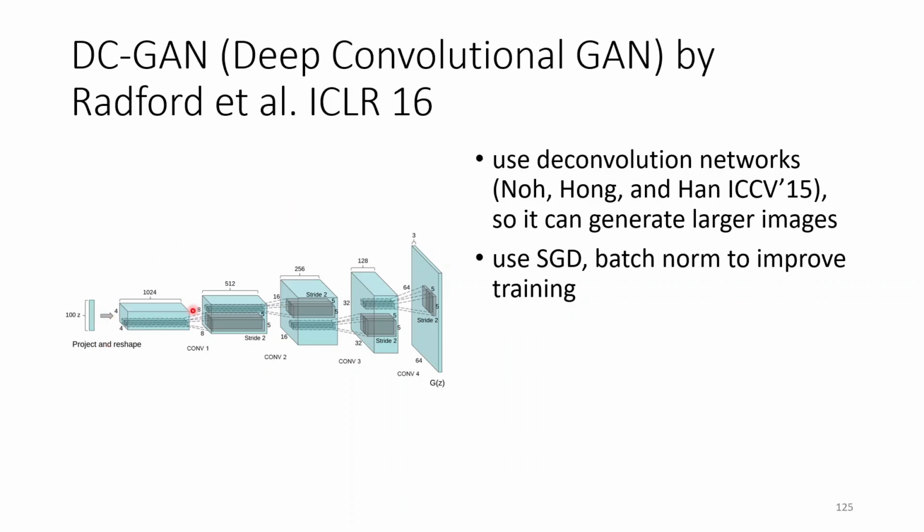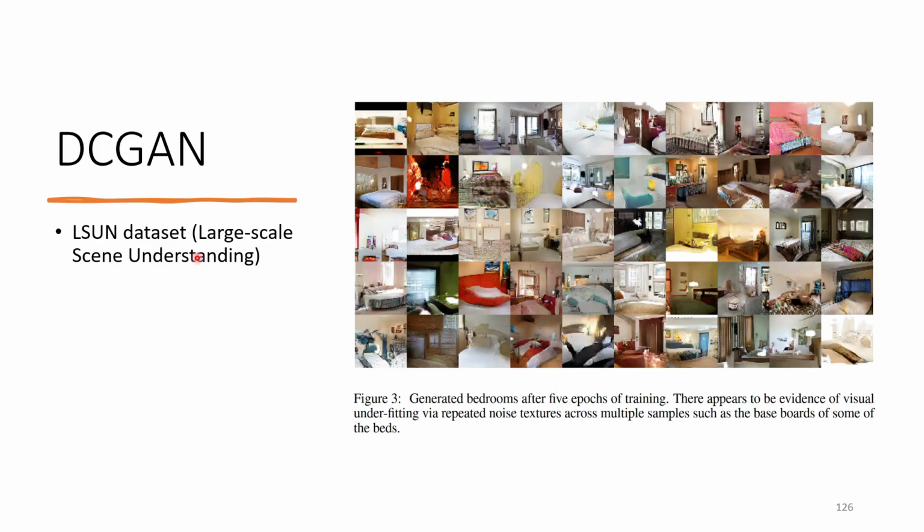So if you know UNet, the second half of UNet, in fact, is the convolution layer. So the image becomes larger and larger and larger. So DCGAN can generate images with a larger resolution. Okay? But however, it is still a simple GAN.